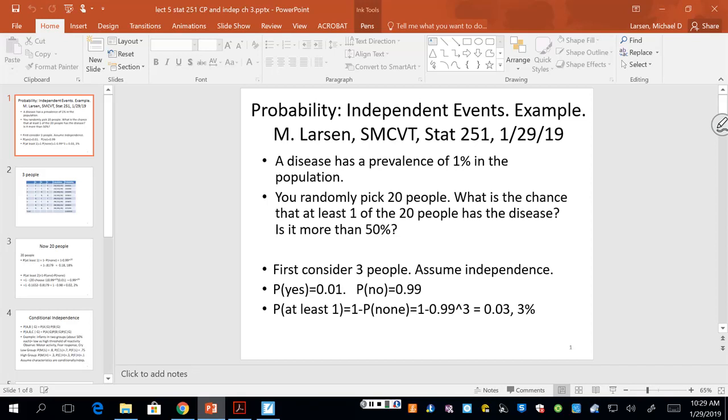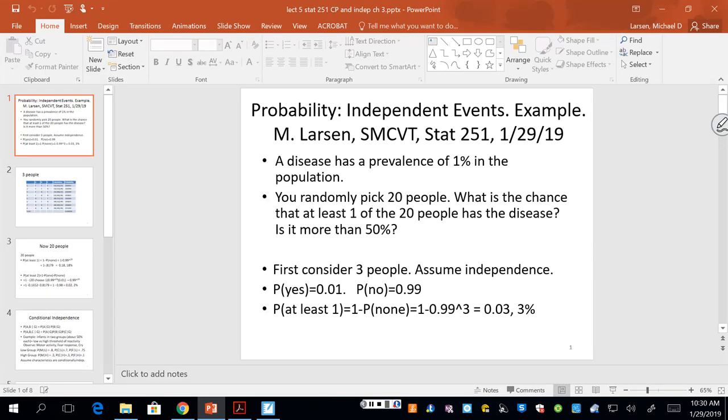The probability that somebody has the disease is 1%, so the chance they do not have it is 99%, 1 minus that. And if we want to ask what's the probability that at least one out of these three has it? Any of these questions phrased as at least or less than is often worth considering by calculating the other direction, like 1 minus the probability of the opposite.